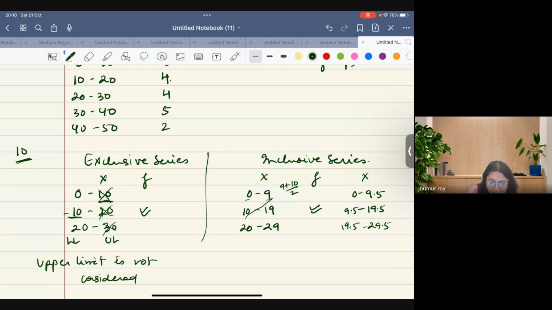Where will you put it? You'll put it over here. In an inclusive series, it is very clearly different. Both upper limit and lower limit are considered. So here 0 to 9 is the first class interval. The second is 10 to 19. So 10, you will be putting in this class. Is it clear? I hope it is clear to everybody.